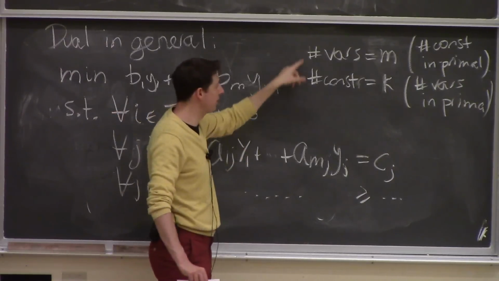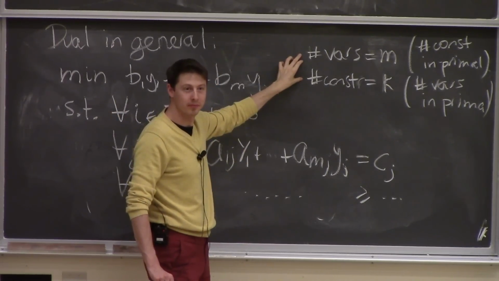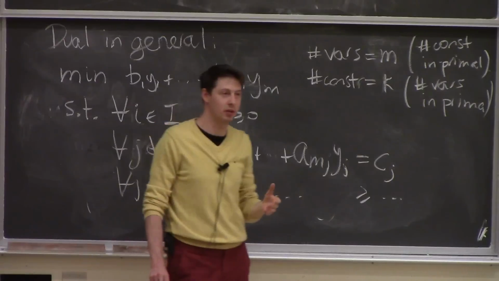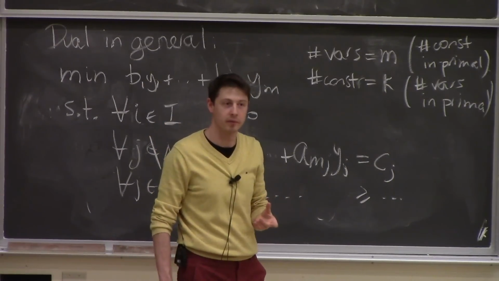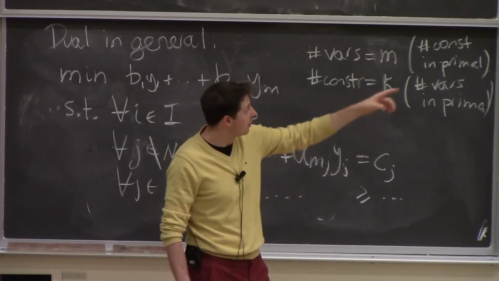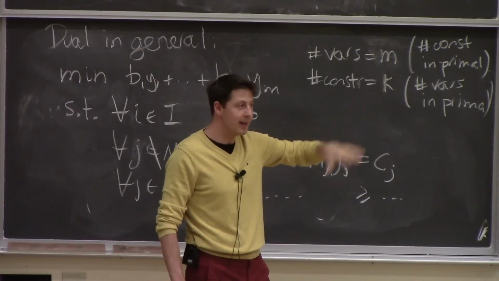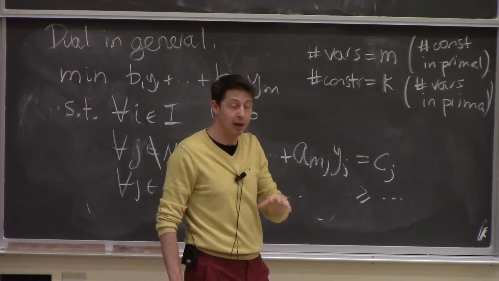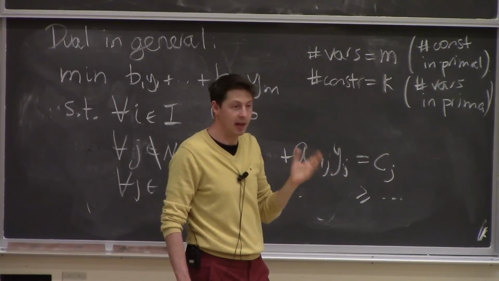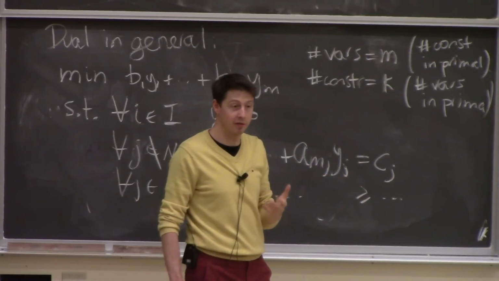And so this should give you a hint. What kind of operation is the one that switches dimensions? Matrix transpose, right? In the original linear program, the Aij form a matrix that has height, the number of constraints, and width, the number of variables.